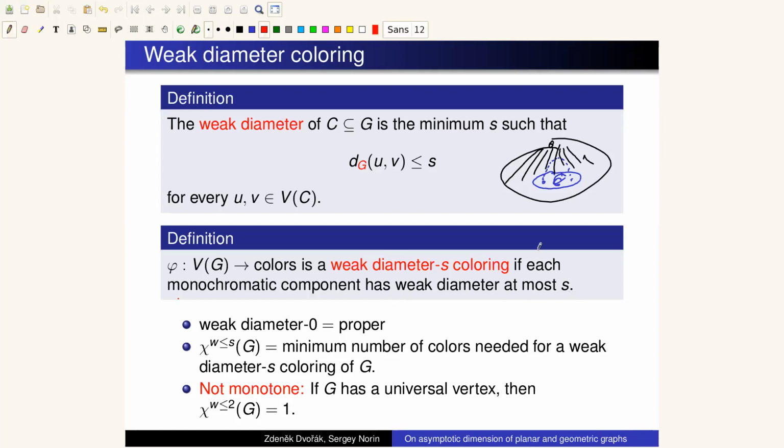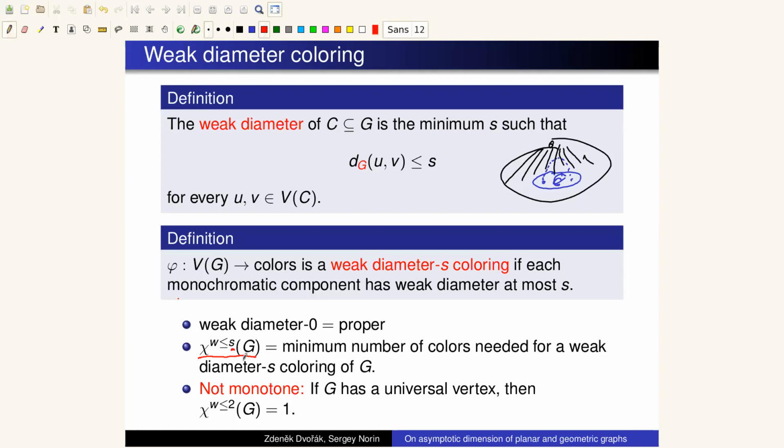So this is still some generalization of a proper coloring, because if you take s being 0, weak diameter 0 just means that each monochromatic component is a single vertex, so it's just a proper coloring. And well, now as usual, let this denote the minimum number of colors that you need to use if weak monochromatic components have size at most s.